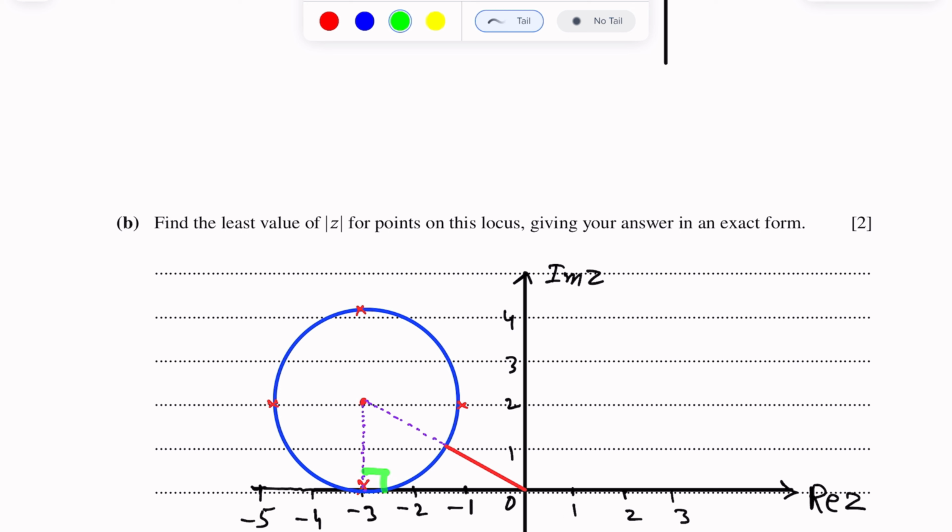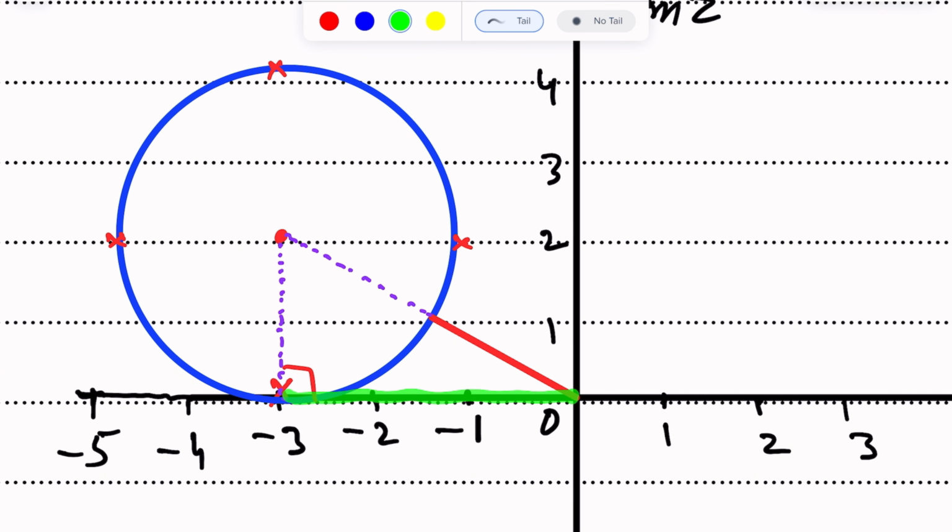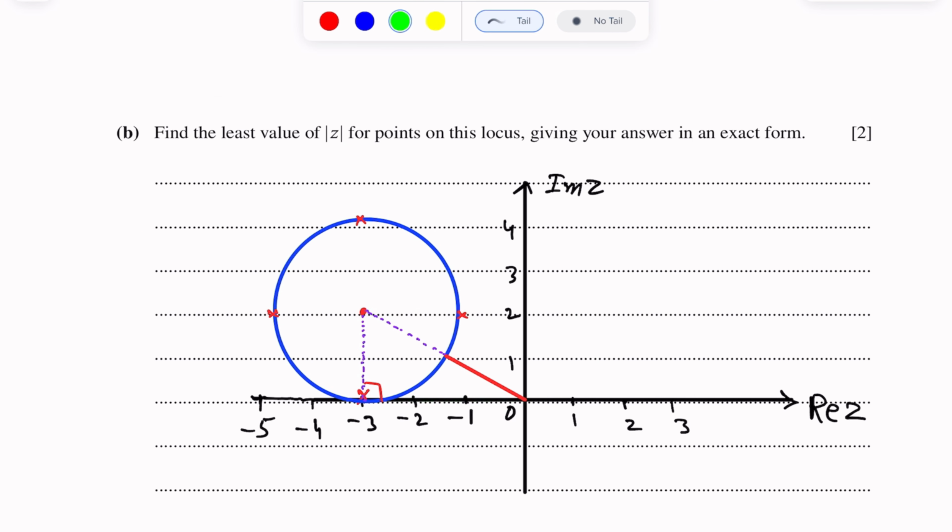And this angle is 90 degrees. Now we have a right angle triangle. We can mark the points. This is the center of the circle, we represent it by C, and let this point be point A.